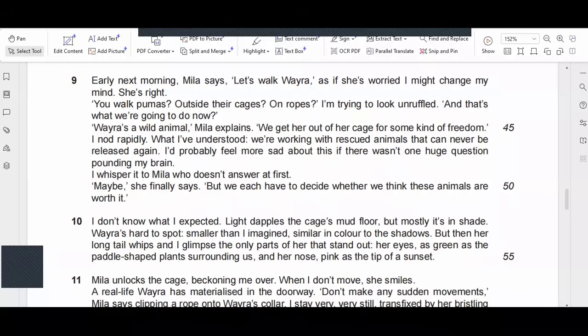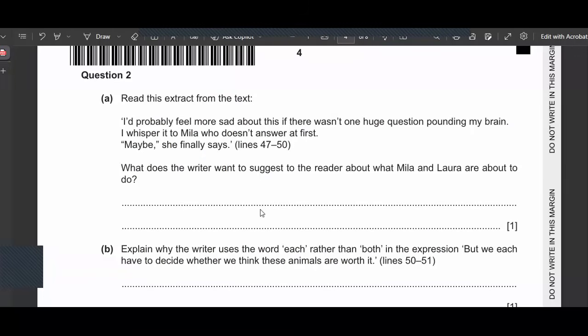The author was not expecting this, because the narrator herself has no particular experience of dealing with these sort of animals. So the clue mentioned in the question is that there was one huge question pounding my brain, and then in the text, maybe.